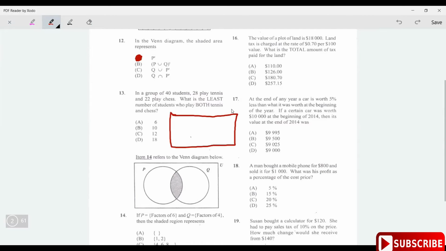They told us that 40 students are in the classroom, and we know that 22 play chess. So let C represent chess, and we know that 28 play tennis. So you draw your intersection and you put T for tennis. Let's call the intersection x.